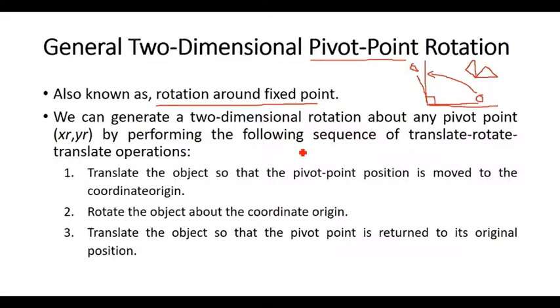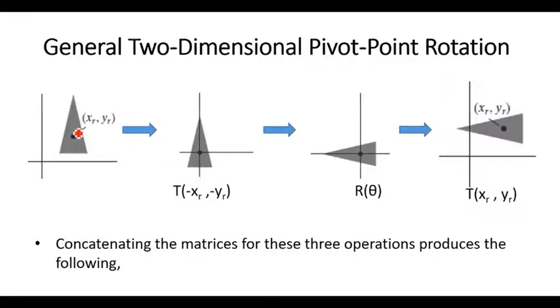What if I bring this object to the origin and then rotate it? I'll show you an example. Say this is my triangle. My point of reference is xr and yr. Now I want to rotate this object around this point by 90 degrees. I want it something like this.